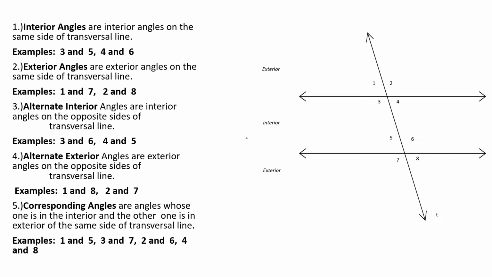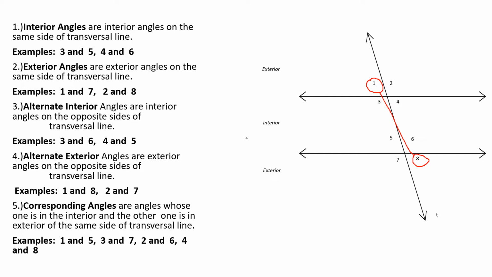Angle 1 is at the exterior part on the left side of our transversal line. And the pair to that, angle 8, is on the right side. So angle 1 and angle 8 are alternate exterior angles.